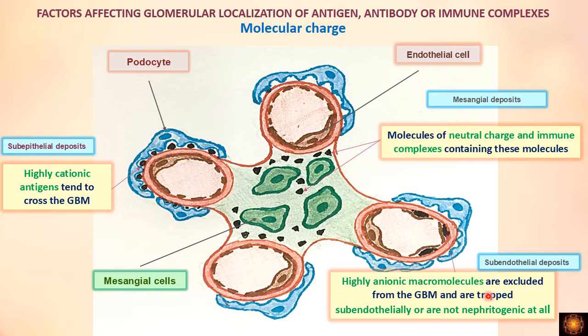So they are excluded from the glomerular basement membrane and they are trapped subendothelially, or they may not form any deposits at all because the glomerular basement membrane doesn't allow these particles to settle here. So highly cationic may form subepithelial, highly anionic may form subendothelial deposits. Whereas the neutral antigen antibody complexes without any charges cross this basement membrane also and get deposited in the mesangium.